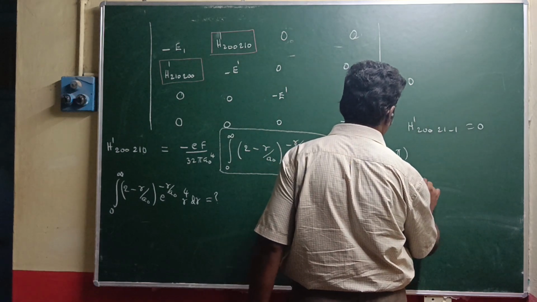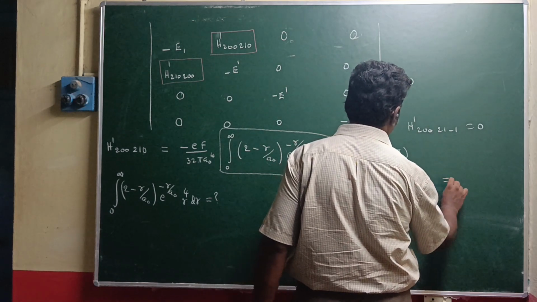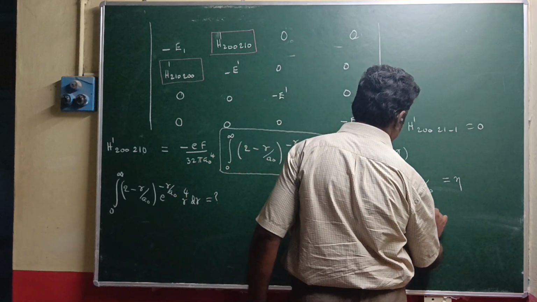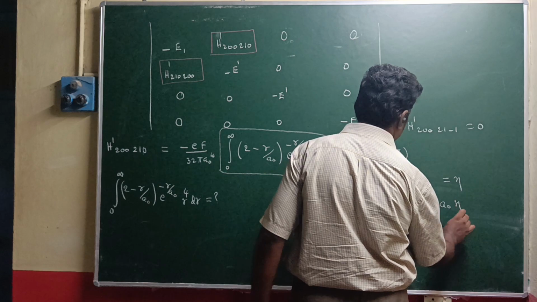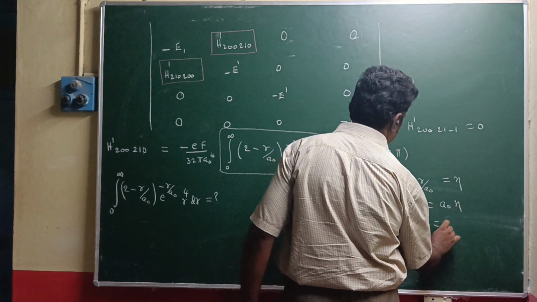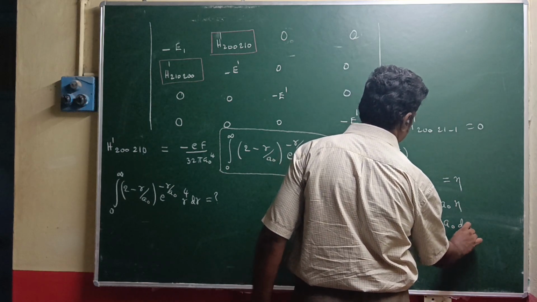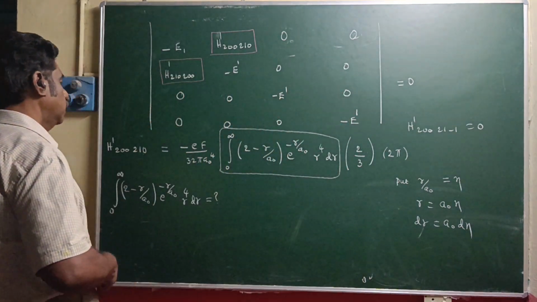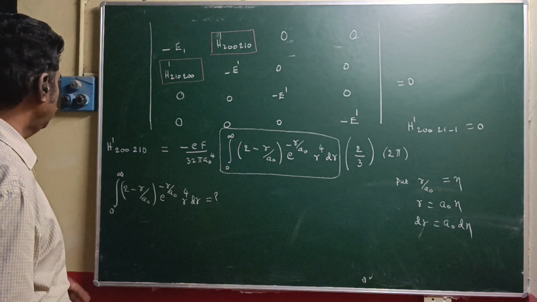put r by a0 equal to eta. Then r equal to a0 into eta, dr equal to a0 into d eta. Here a0 is our Bohr's radius, which is a constant term. Now substitute all these values in this equation.